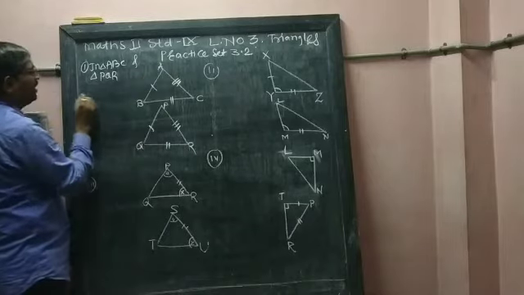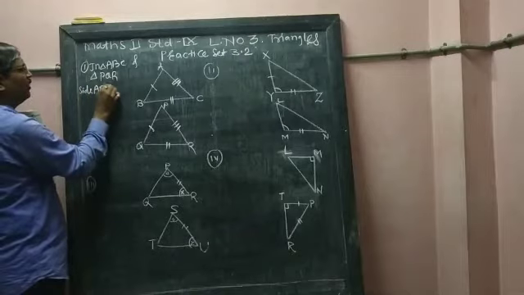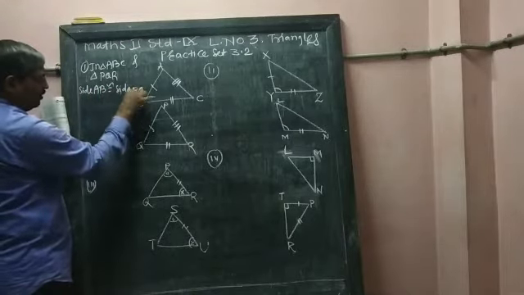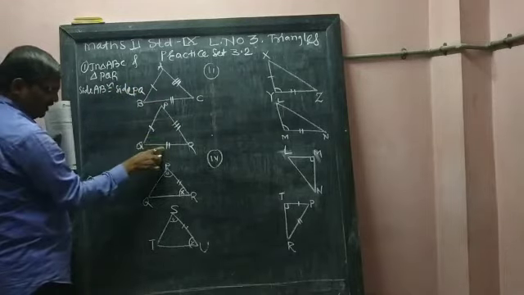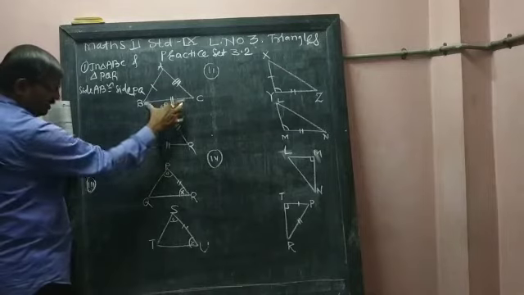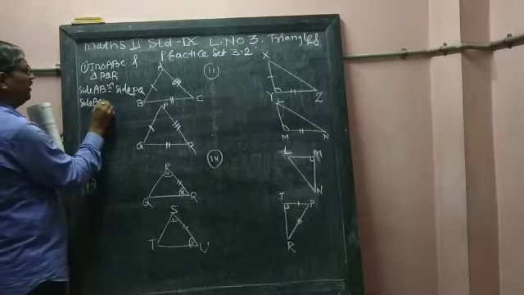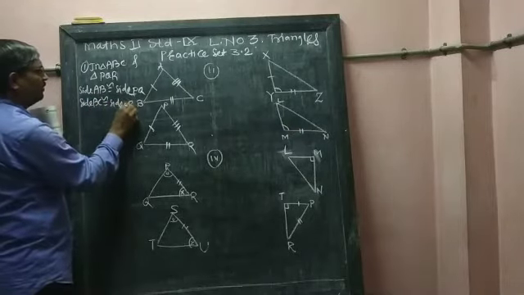It means that side AB is congruent to side PQ. Then two marks are given, which means side BC is congruent to side QR.